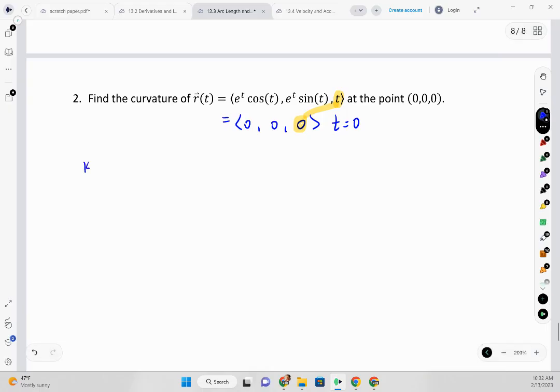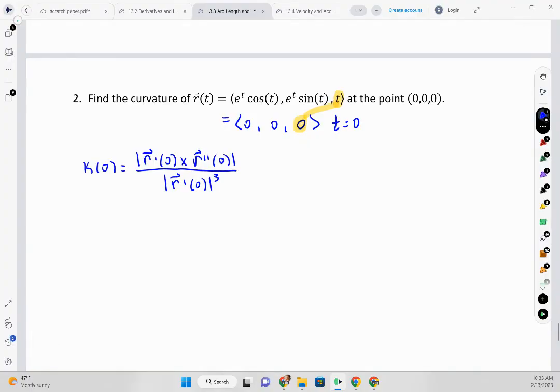So the curvature at 0 is equal to the magnitude of r prime of 0 crossed with r double prime of 0 over the magnitude of r prime of 0 all cubed.